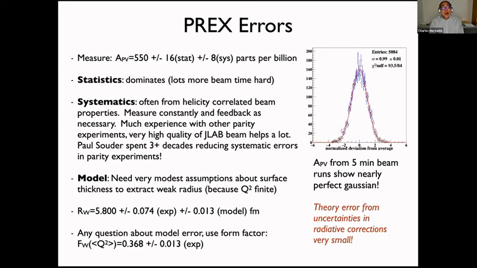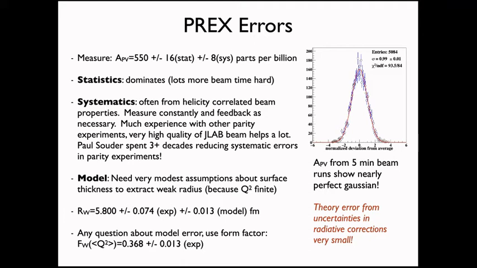Paul Souder basically has spent his whole career over several decades controlling and reducing systematic errors in parity experiments. So the small systematic error of the PREX-2 experiment is a remarkable achievement that represents a lot of hard work by a lot of people over a long time.